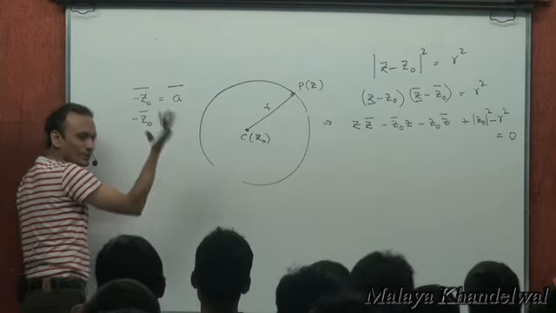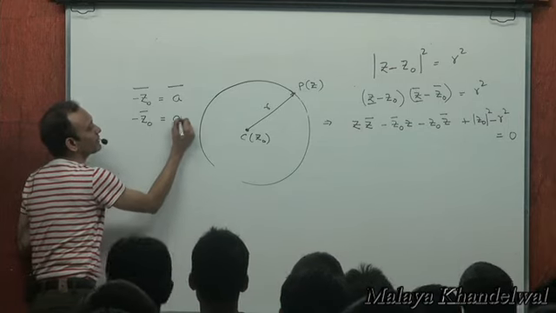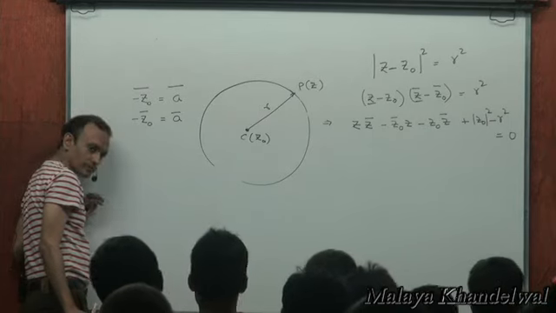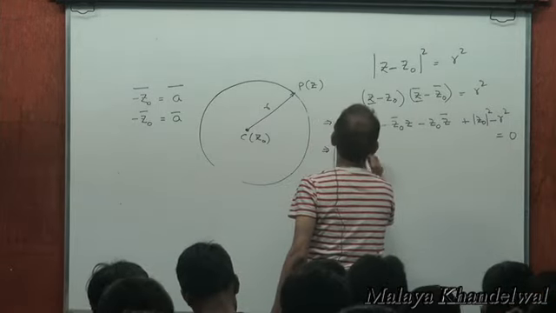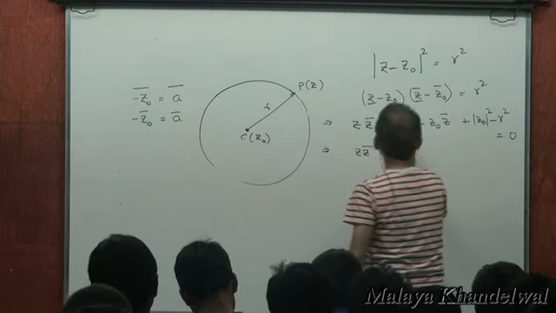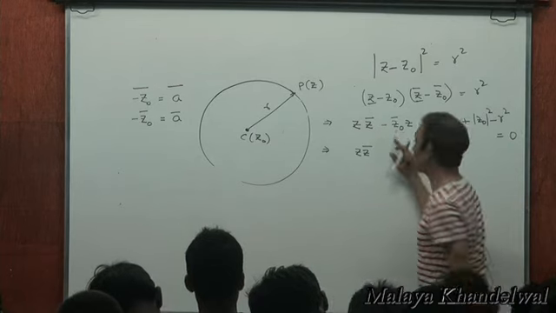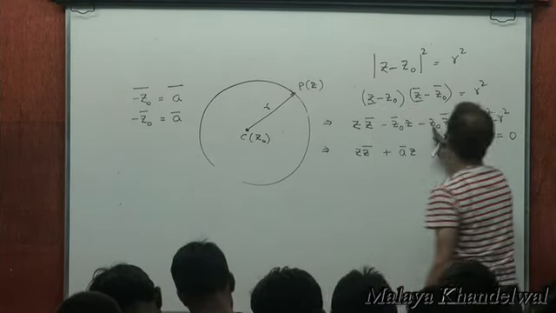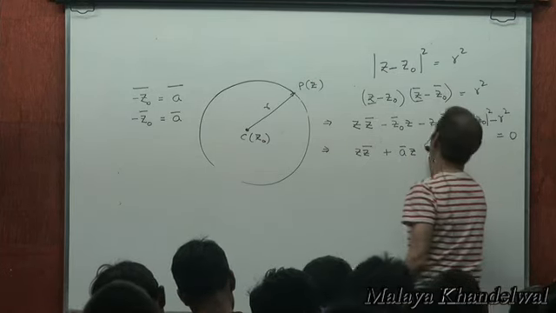But bar of minus 1 will be minus 1 only, so minus 1 into z naught bar, that's a bar. Can that be said? This then becomes a bar z, and minus z naught is a, by our very choice.